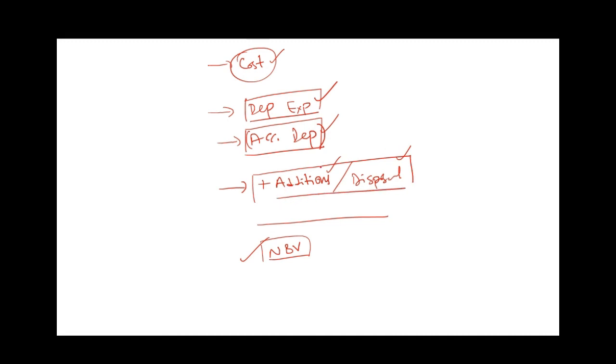So additions are simply your capital expenditures. So the fixed asset schedule or fixed asset sheet would simply contain all these details. It will start with cost, then accumulated depreciation, then additions, disposal, and will help you arrive at the net book value.